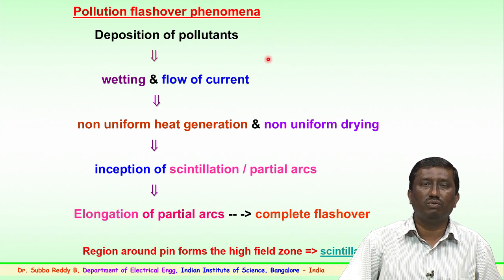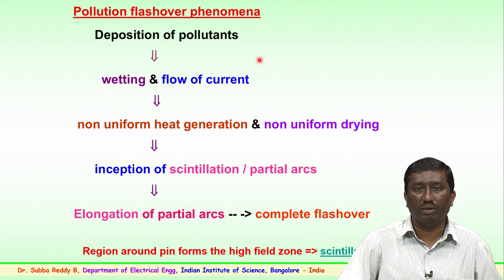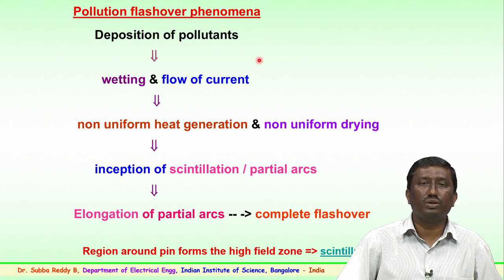It could even wash the pollutants off the surface of the insulator and the flashover may not happen, or it could also bridge the flashover between two sheds.